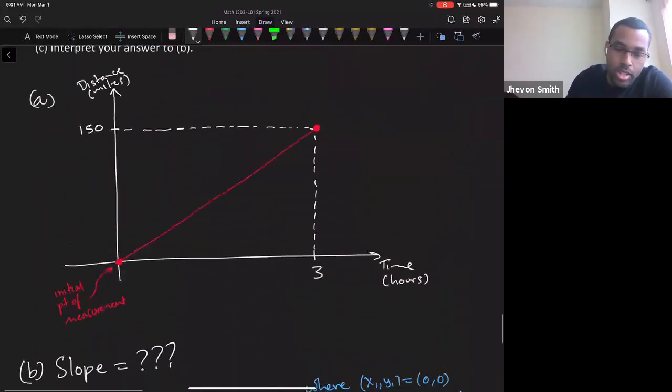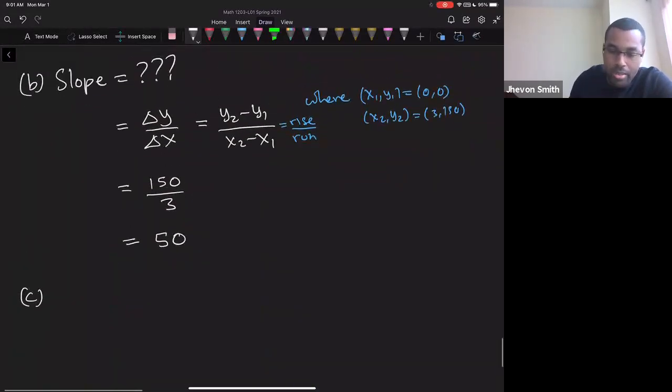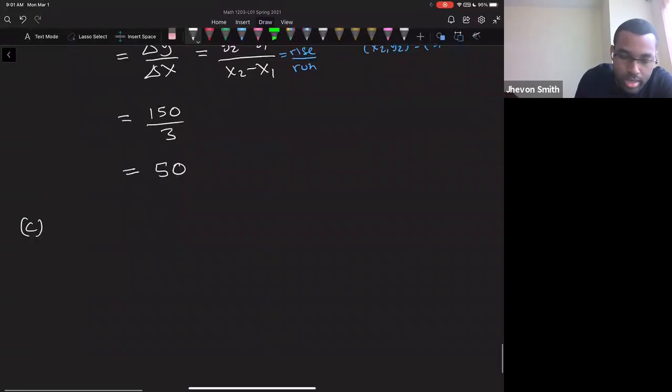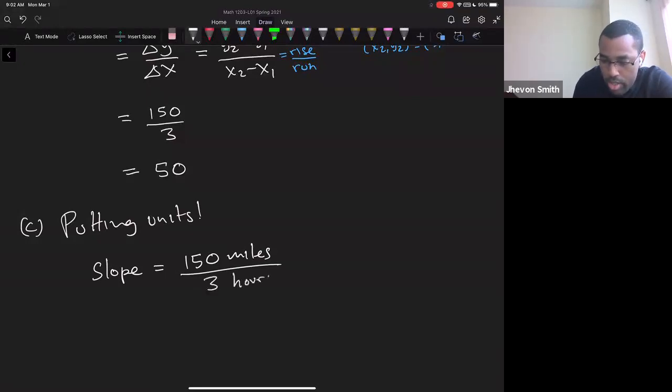Because here, the y-axis was tracking miles and the x-axis was tracking hours. In fact, if I were to put units, I know that the slope would be equal to 150 miles over 3 hours, right?